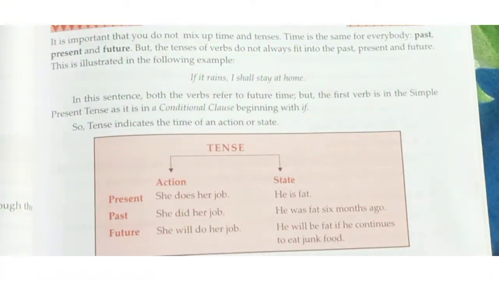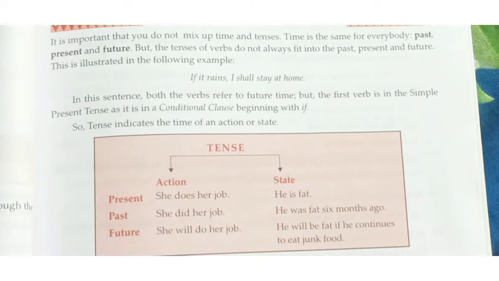It is pertinent to note that time and tenses are different concepts. We should not mix them up. The main thing is that time is the same for everybody, okay? For you, for me, for everybody. It is divided into three categories: past, present, and future. We know that.